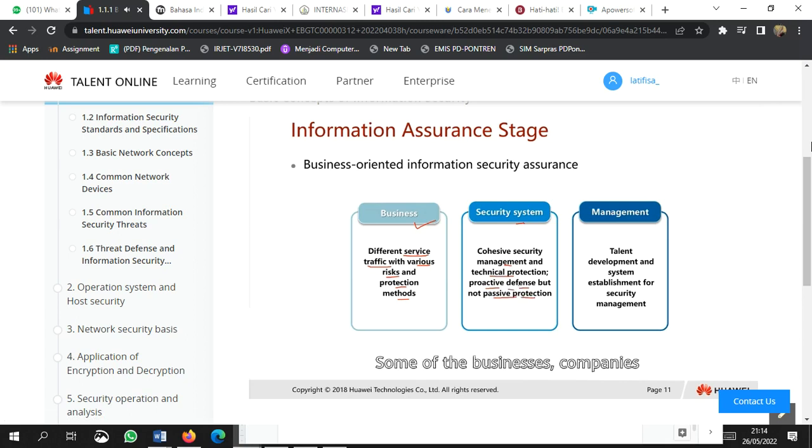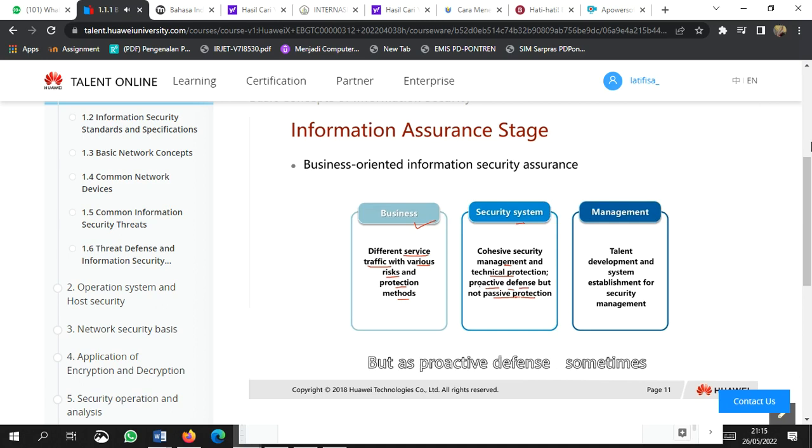Some companies need to be aware of proactive defense. So what is proactive and what is passive? Passive means we are in a mode with, for example, antivirus. If we are not accepting any viruses, we basically don't care about what's happening outside, maybe only our firewall.